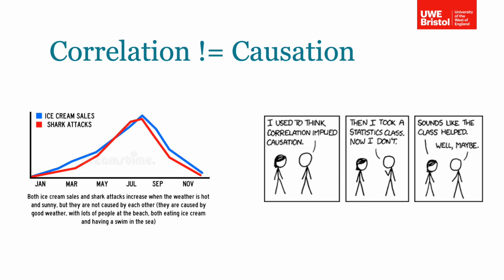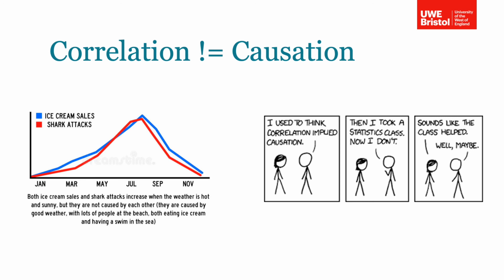Correlation does not imply causation. As a final point of discussion for this section, it is important to recognise a golden rule when working with statistics, and that is, correlation does not imply causation. Ice cream sales may increase when the weather is sunny, and likewise, shark attacks may increase when the weather is sunny.